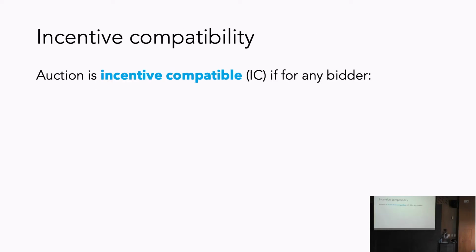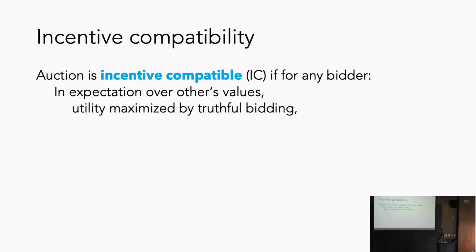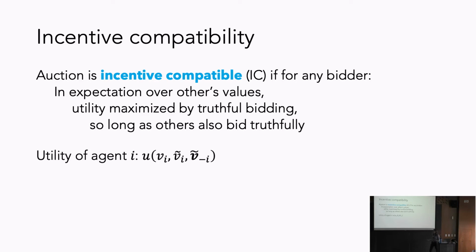Okay, so now we can say a little more formally what incentive compatibility actually means. An auction is incentive compatible if for any bidder, in expectation over the other bidders' values, her utility is maximized by bidding truthfully, so long as all the other bidders also bid truthfully. Let's see what this means mathematically.